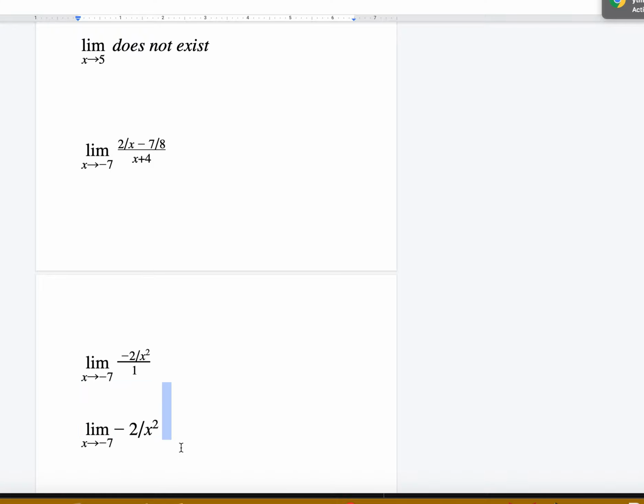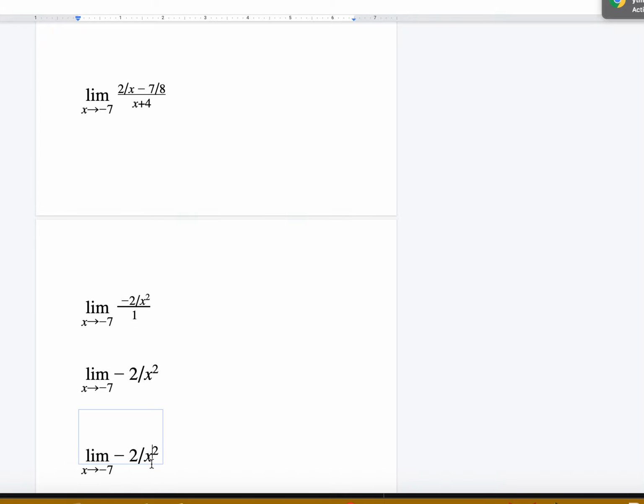Now you plug in negative 7 to find the limit. That's negative 2 over 49. So the limit as x approaches negative 7 is negative 2 over 49.